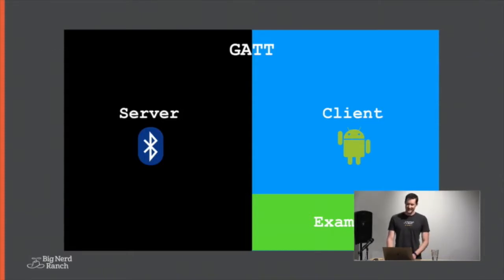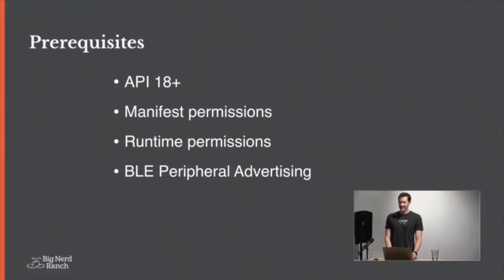Now you're better off. Before we get started, there are some prerequisites. You have to be API 18 or newer, because that's when BLE was supported on Android. Before that, they used their old Bluetooth manager, which was much less efficient, the difference between low energy and not. You have to have your manifest permissions, which is Bluetooth admin.